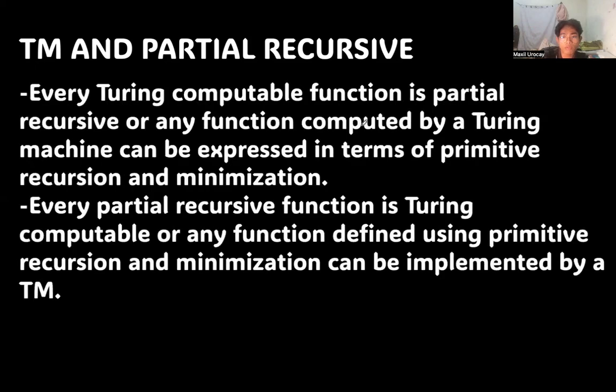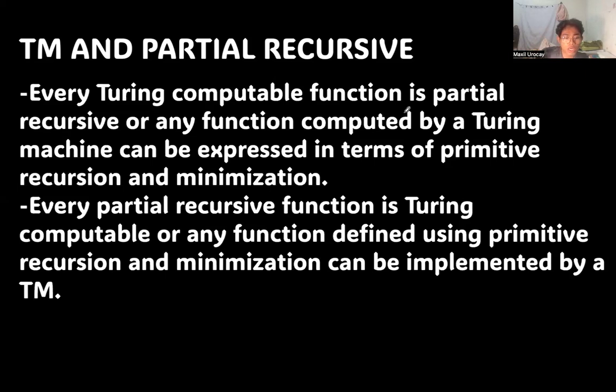Every Turing computable function is a partial recursive function, or any function computed by a Turing machine can be expressed in terms of primitive recursion and minimization. So every partial recursive function is Turing computable, or any function defined using primitive recursion and minimization can be implemented by a Turing machine.